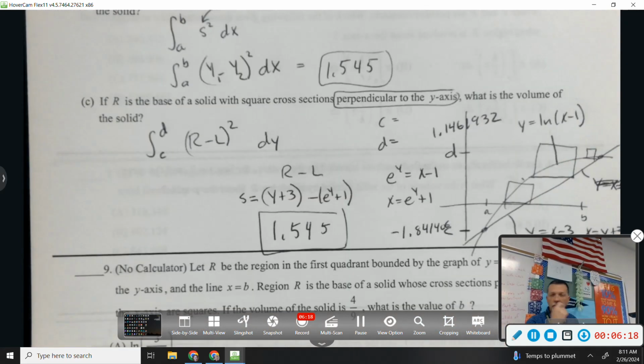I wonder if it's the same because as a square, it wouldn't matter which way you go with the squares. That's my guess. But that is a little bit strange that you get the same answer.